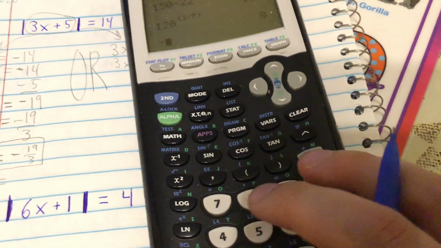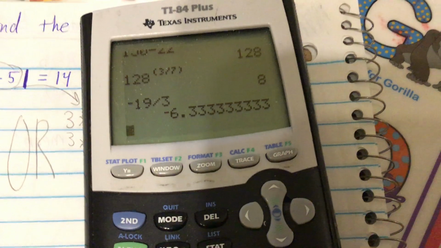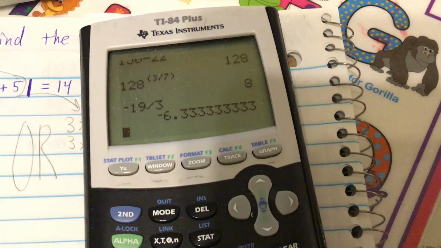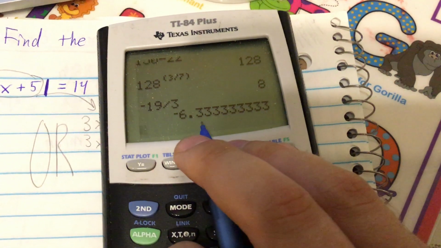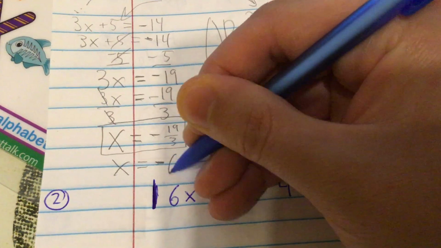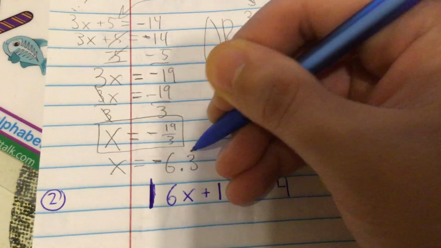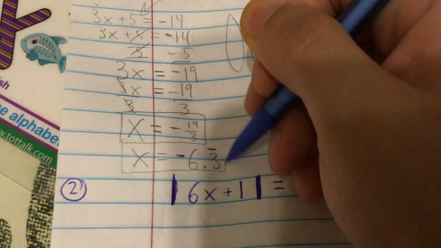So negative 19 divided by 3 is negative 6.3333 and so on. You get the idea, but notice it's a repeating decimal. So I just put negative 6.3 with a hat to indicate that it's repeating the 3.